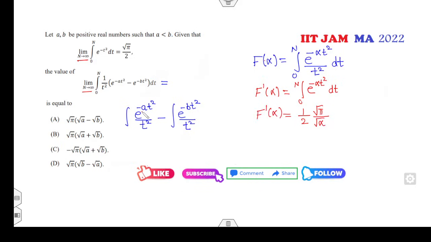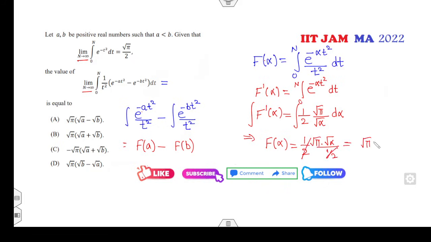But since we need to find the value of f of a minus f of b, I can integrate with respect to alpha. So the left hand side will be my f of alpha. It is 1 over 2 root pi, and this integration is root pi divided by half, so that value will be cancelled. Answer is root pi into root alpha.